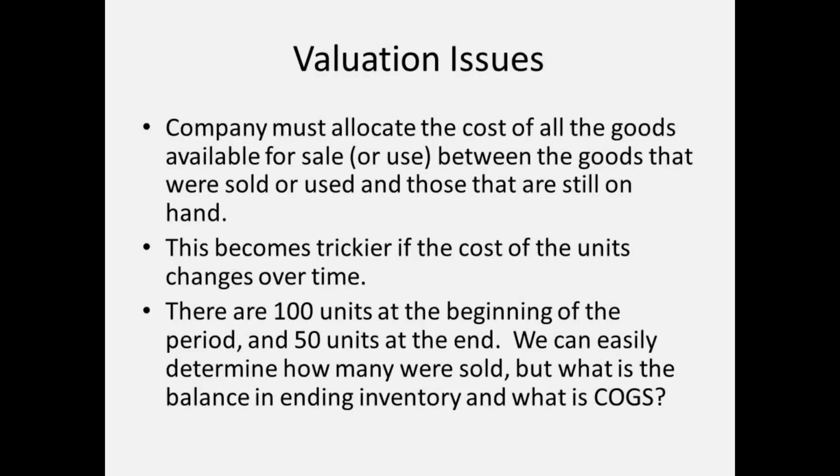We just need to make some sort of assumption about which units we sold. Now, let's say we sold 100 units in March. Well, then you know logically you had to have sold the ones that you started with since you didn't buy the next ones until June. But even if that's the case, from an accounting perspective, that's not relevant. The actual flow of goods in the firm has nothing to do with the choice of accounting method that you make.